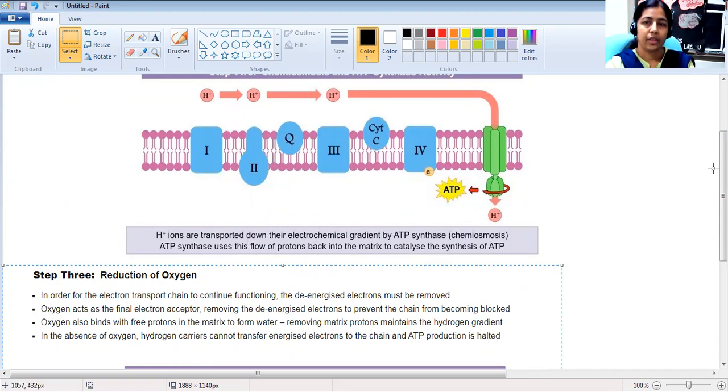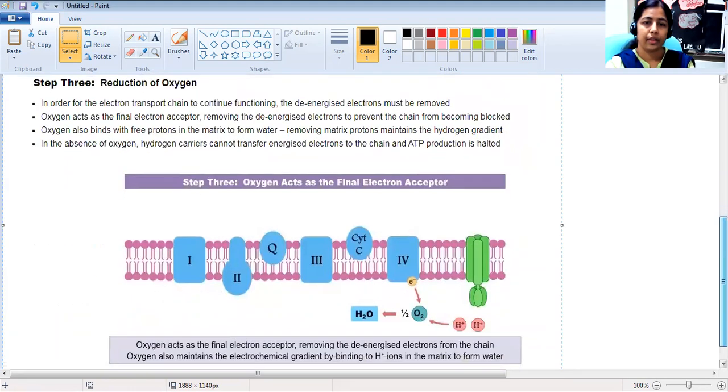So in the third step, you can see oxygen acts as the final electron acceptor, removing the de-energized electrons and preventing the chain from becoming blocked.